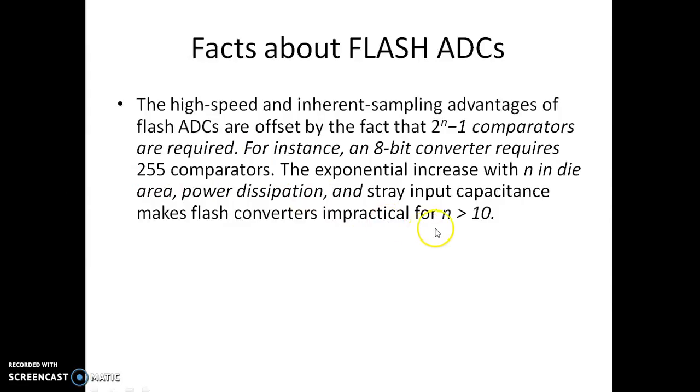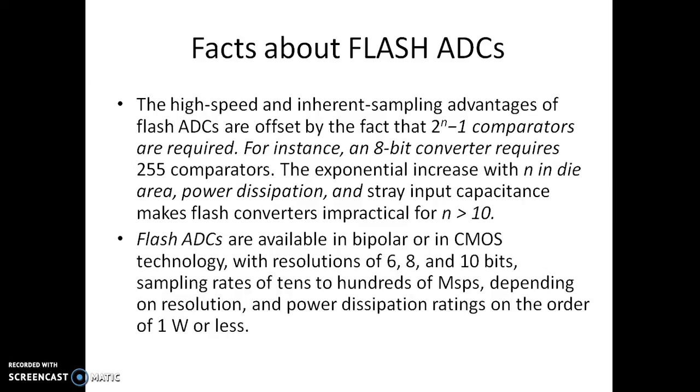Just think of n equal to 10: you are supposed to have 1023 comparators. Suppose n is more than 10, you can imagine the number of comparators required to process the data within a single clock pulse. So the major disadvantage of these high-speed flash ADCs is the large number of comparators, 2 power n minus 1, for getting the output voltage in a single clock pulse.